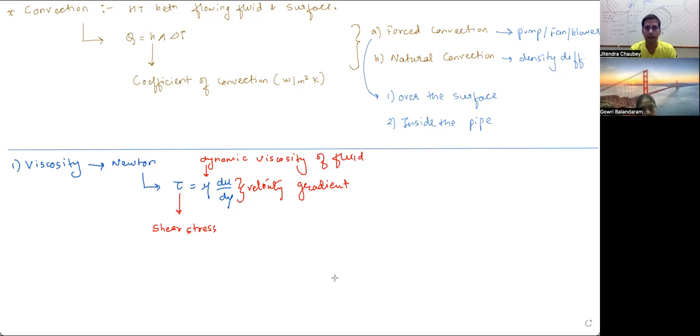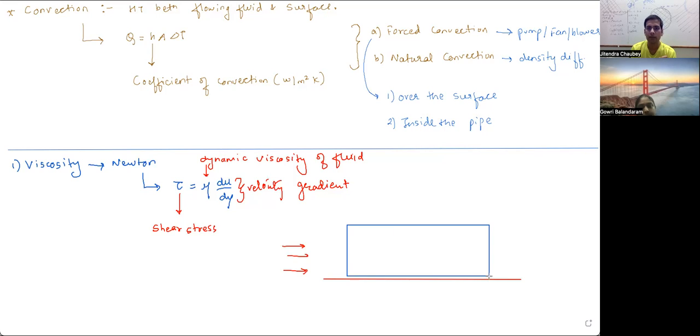To understand through an example, consider a surface over which fluid is flowing. Let us assume a very small, thin layer of fluid flowing over the surface. There are some intermolecular forces called cohesive forces and adhesive forces.